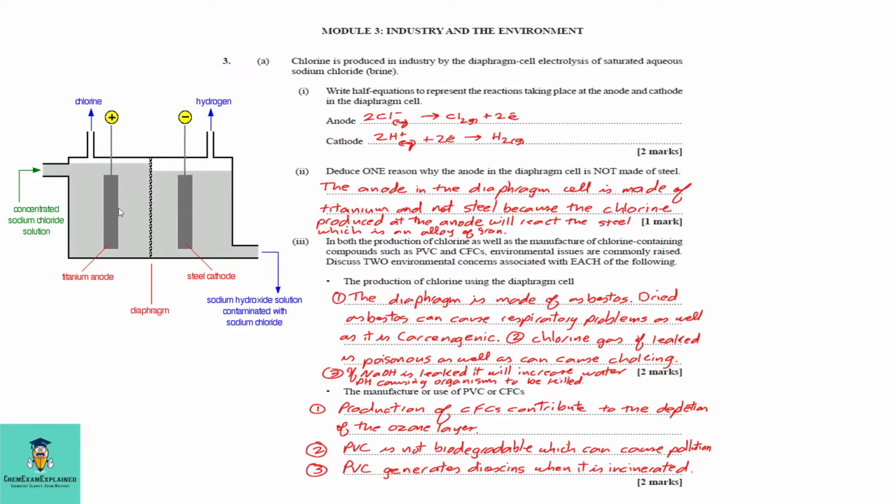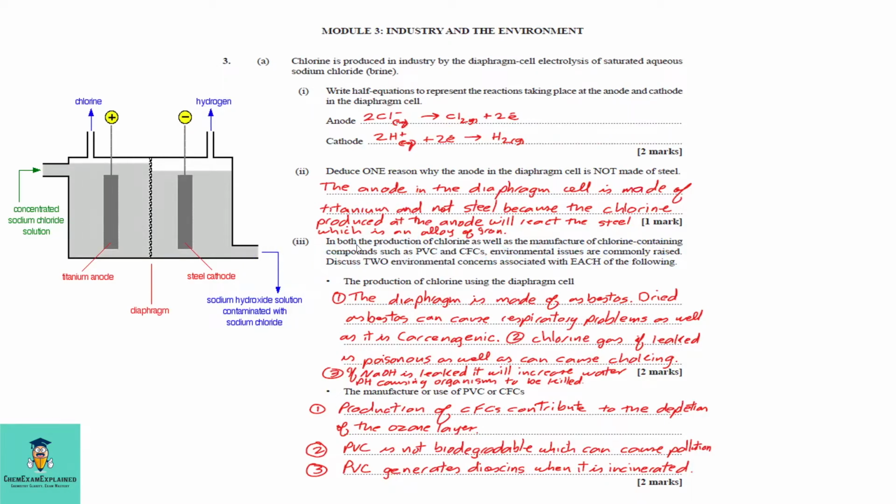And so if you look here, you'll see that the titanium is the anode and the steel is the cathode. So the chlorine that is produced here is coming in contact with the anode. And if it was made of steel, which is an alloy of iron, then you'd have some reaction taking place with the iron and the chlorine.